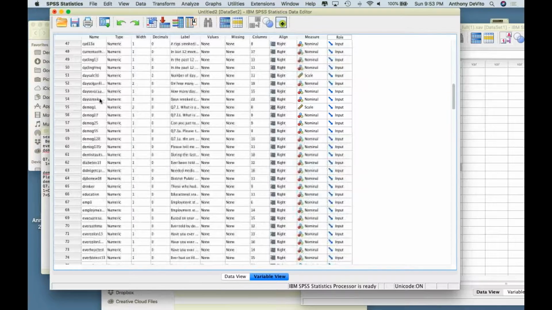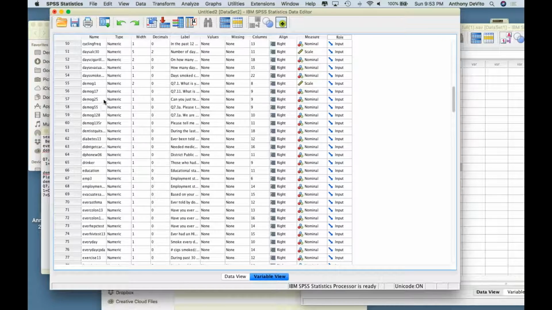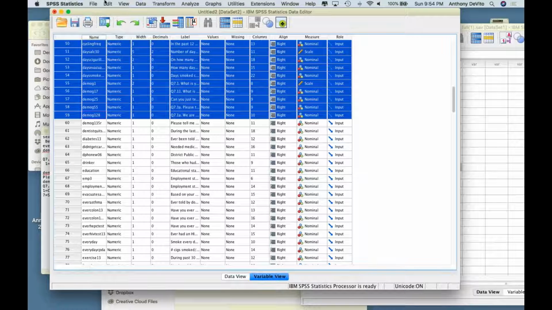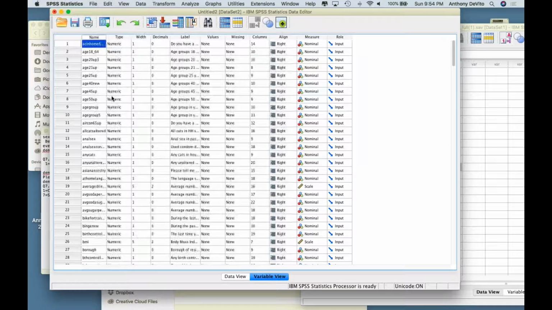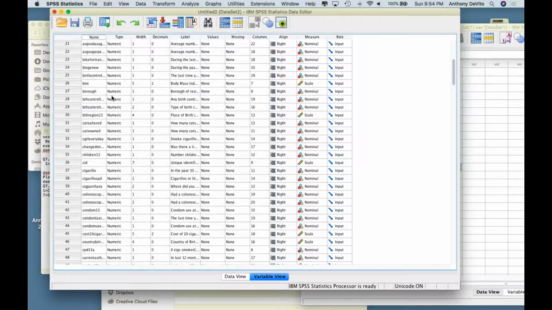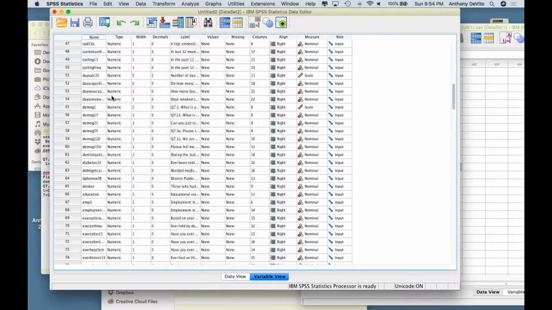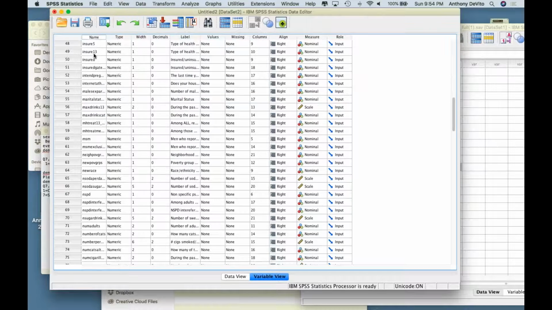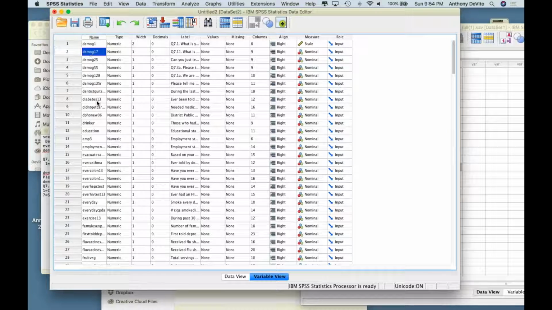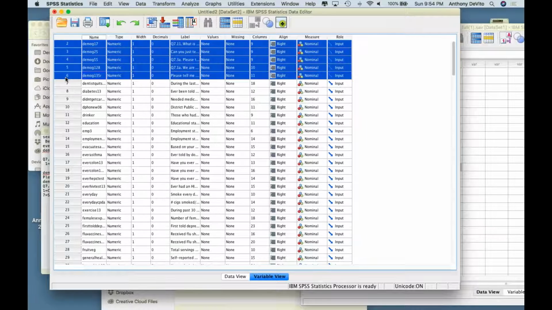Okay, 135R. Oh, I think I needed to undo that. Unfortunately, Demog1 is in here. Yep, I don't want to do that one. Clear. And then I want to go from that one to Demog135R.